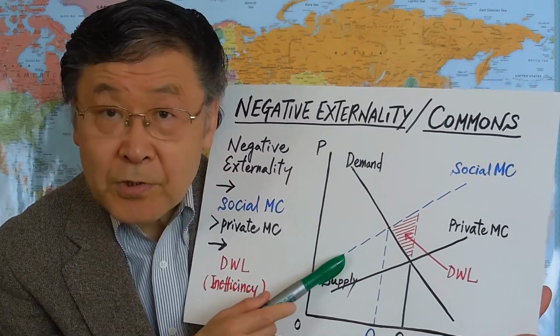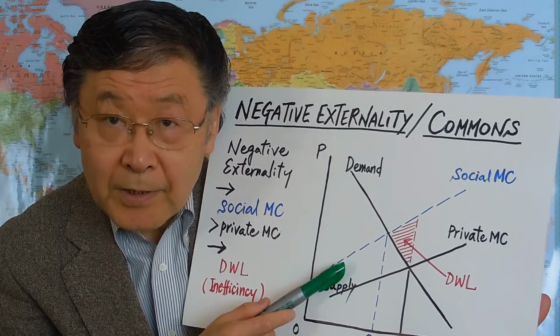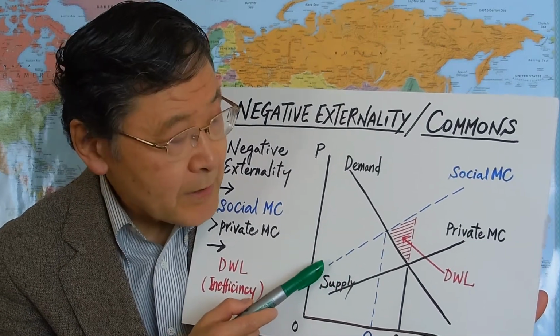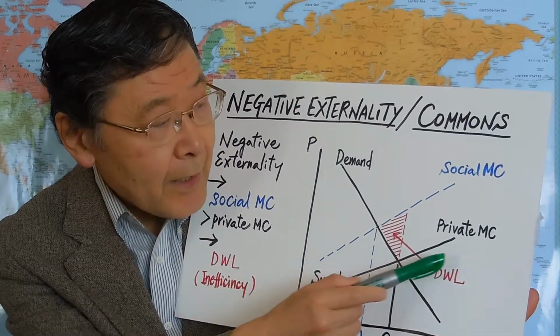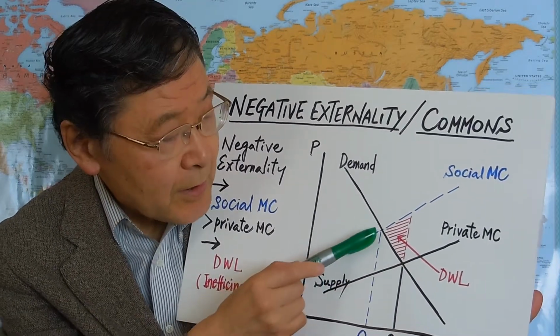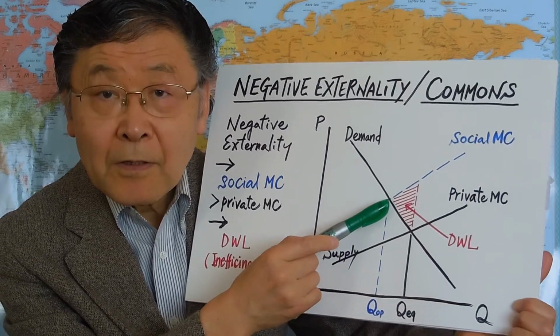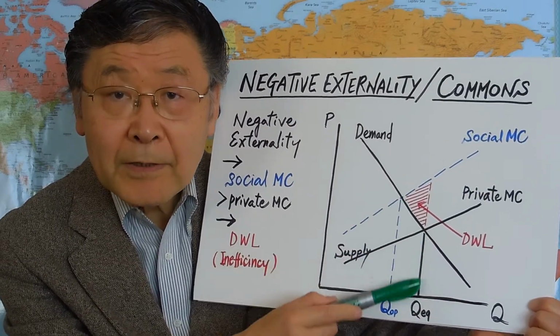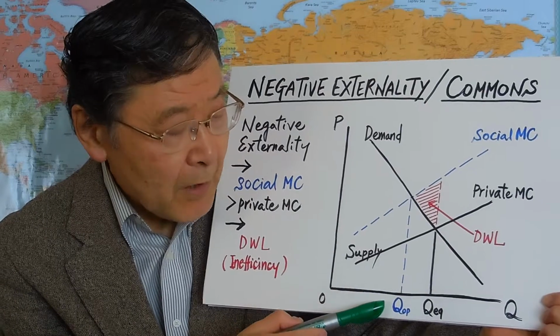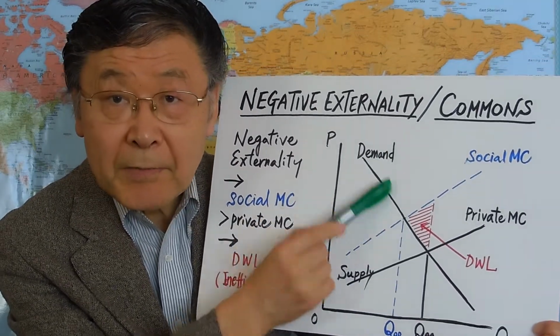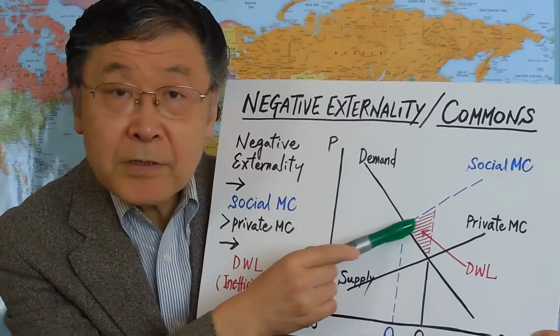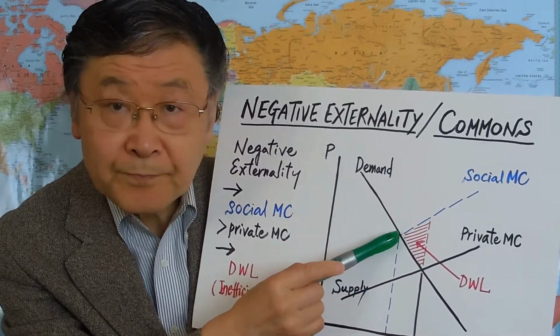So including the negative externalities, the social marginal cost will look like that, which is higher than this private marginal cost. So this is the point giving the socially optimal output level, at the intersection of the demand curve and the social marginal cost curve.